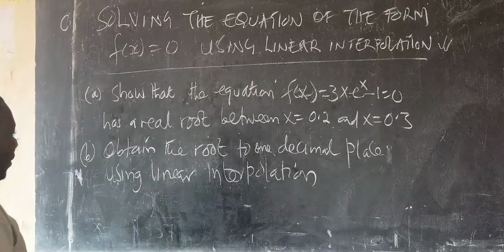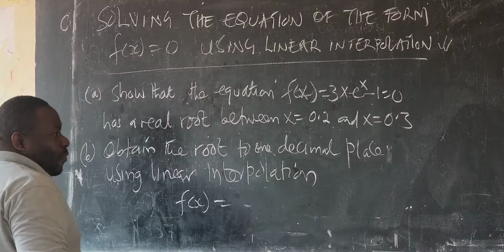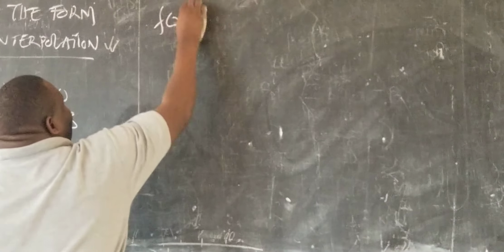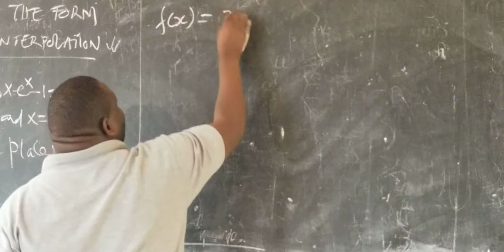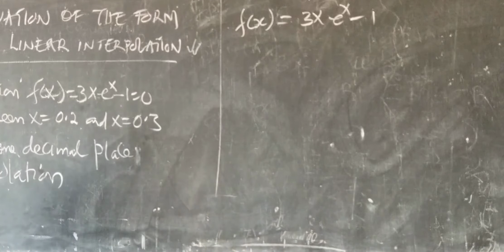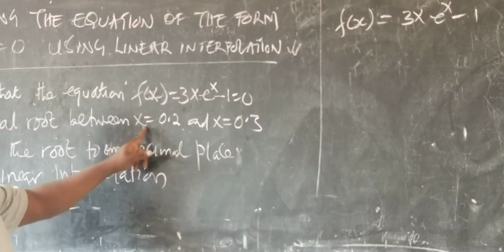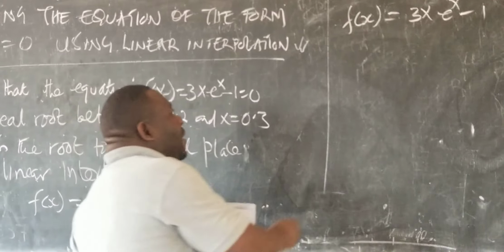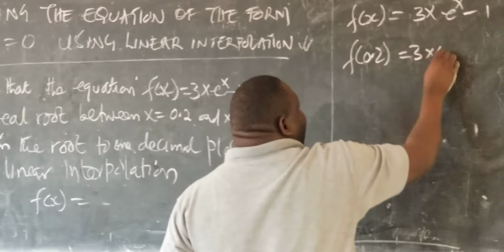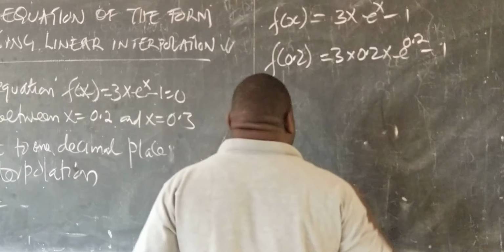So we find that our f(x) is equal to 3xe^x - 1. What we do is substitute in the boundaries, the lower boundary and the upper boundary. So f(0.2) is 3 times 0.2 times e to the power 0.2 minus 1.